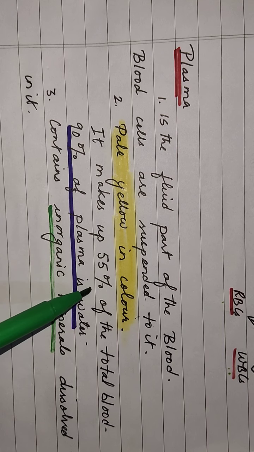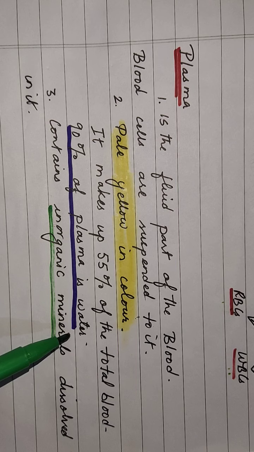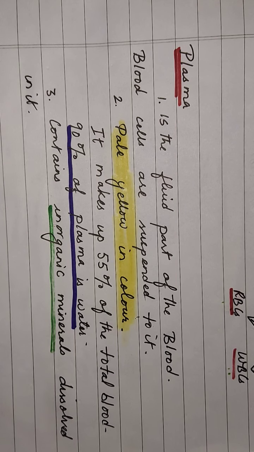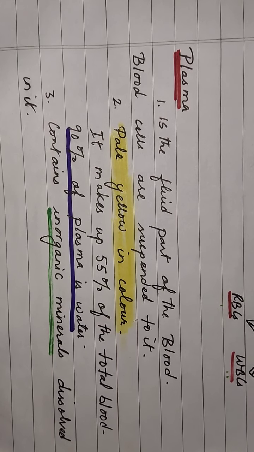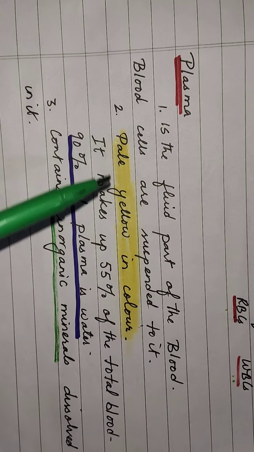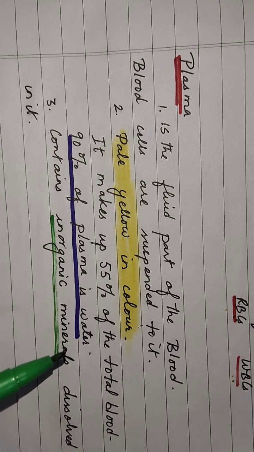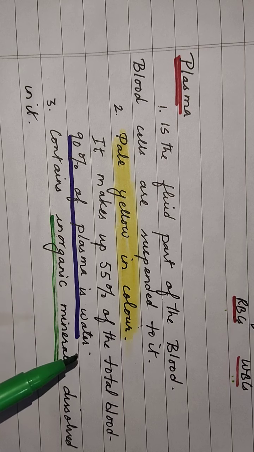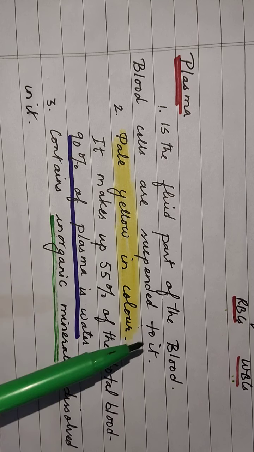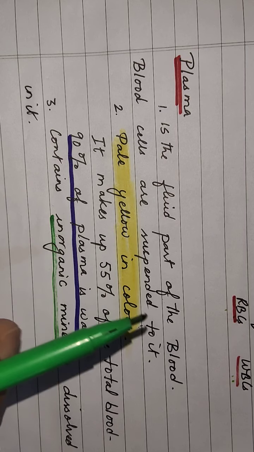It contains inorganic minerals dissolved in it. So just remember that it's the fluid part of the blood, pale yellow in color, contains inorganic materials, 90% of plasma is water, and it makes up 55% of the total blood.